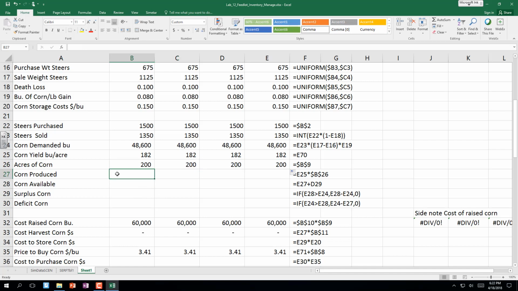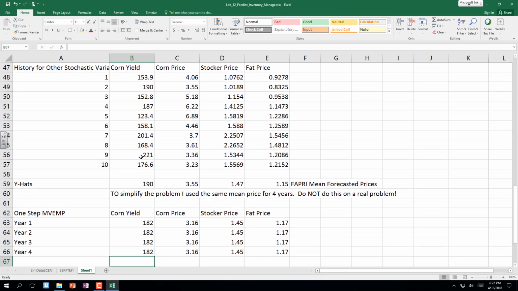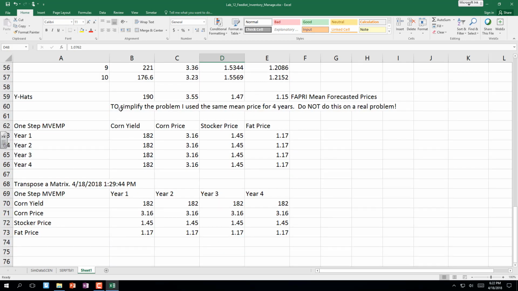So how much corn do we produce? Well, oh, by the way, where did this yield come from? Let's go down here. And I had some historical data on corn price, stocker steer price. This is the ones that the 650 pound ones we buy. And the fat cattle price, that's what we're going to be selling. And so I just, for simplicity, and notice it says, to simplify the problem, I used the same mean for all 4 years.